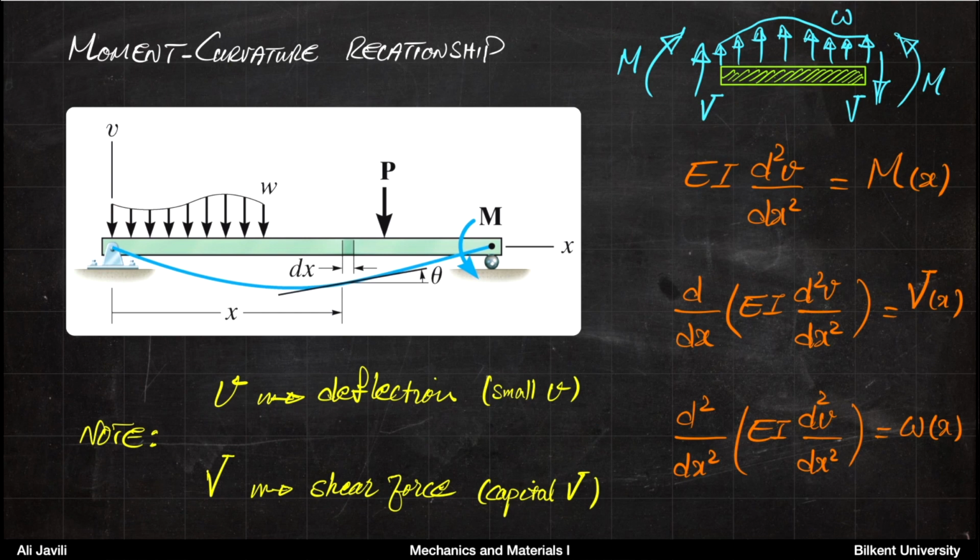In summary, this is almost everything that we have learned so far. The important thing here is that we still use our plus convention, assuming that in the relations that we have here, the shear force must follow this convention, the same as moment and distributed load.